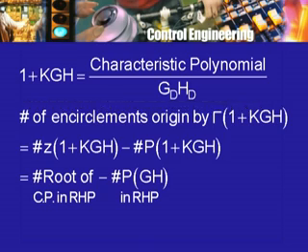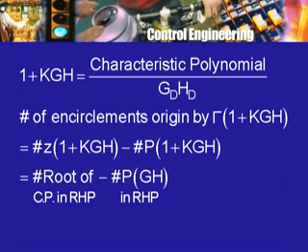But as we saw earlier, 1 plus kgh essentially is the characteristic polynomial divided by GD HD, the pole part of G and H. So, this number of zeros of 1 plus kgh is exactly equal to the number of roots of the characteristic polynomial in that contour gamma, the Nyquist contour, and the number of poles of 1 plus kgh is exactly the number of poles of GD HD inside the Nyquist contour.